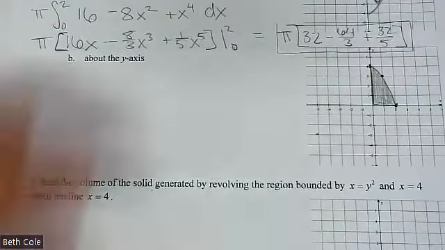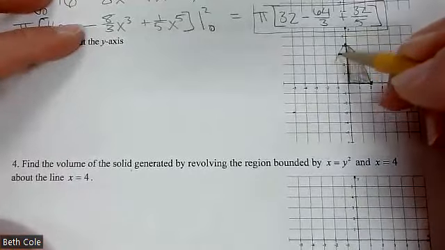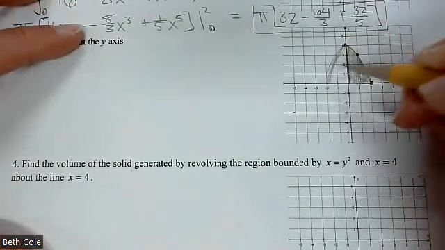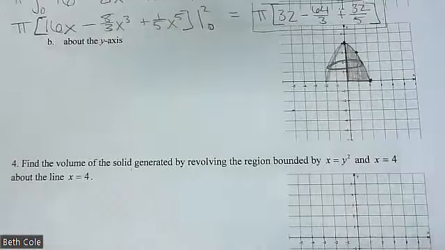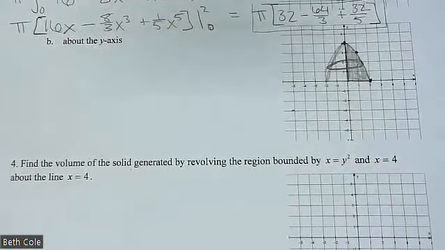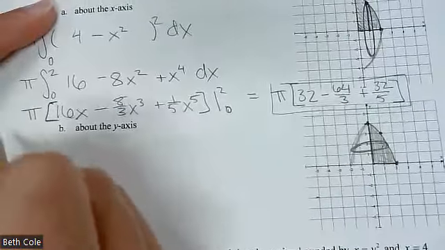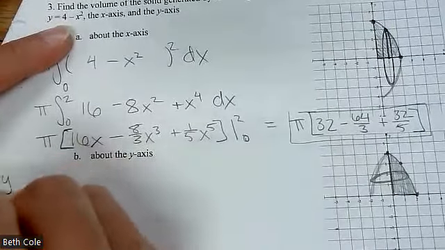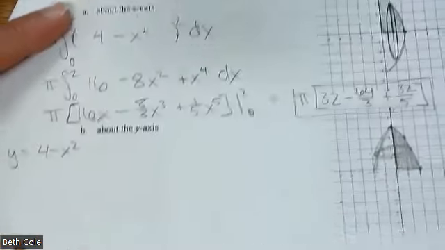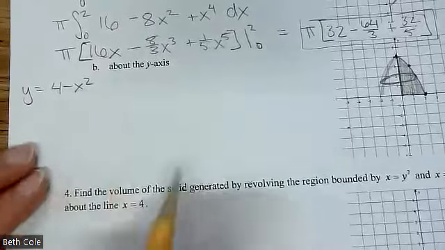So this one, we're spinning around the y-axis, so it's going to be a dy problem. As soon as you realize it's dy, what should you stop and go back and do? Yeah, go back and rearrange the equation. So I'm just going to write off to the side here. The equation was y equals 4 minus x squared. What would we do to rearrange that?